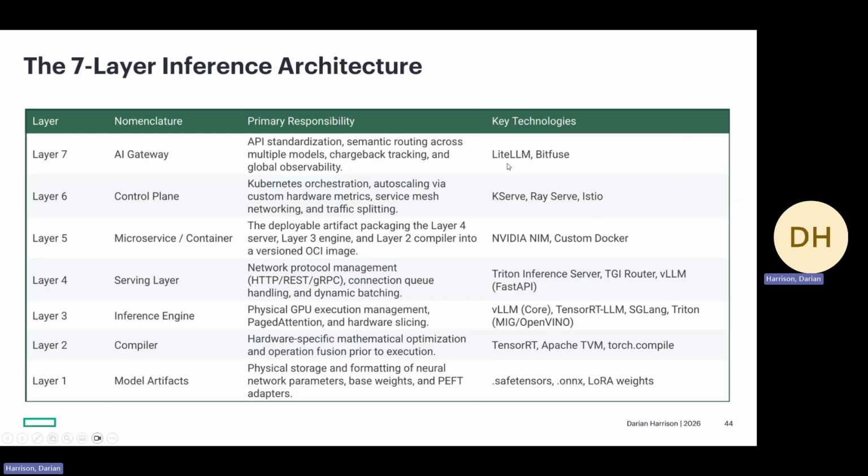LiteLLM is more like just a proxy, so it allows you to capture some telemetry data, maybe the latency, logs, spans, etc. I think we'll be covering this in the observability layer later on, and that's the AI gateway. So hopefully that clears up a few things about how model inference works in general. Let's move on.